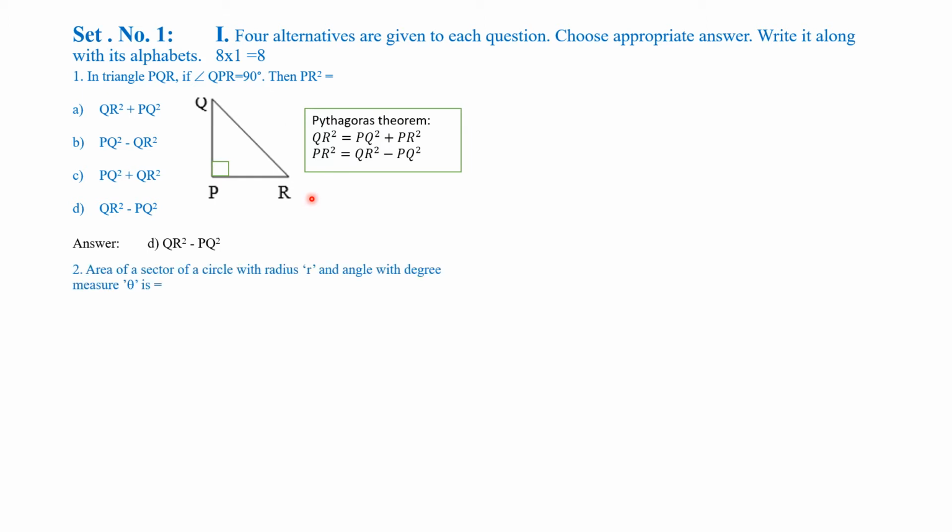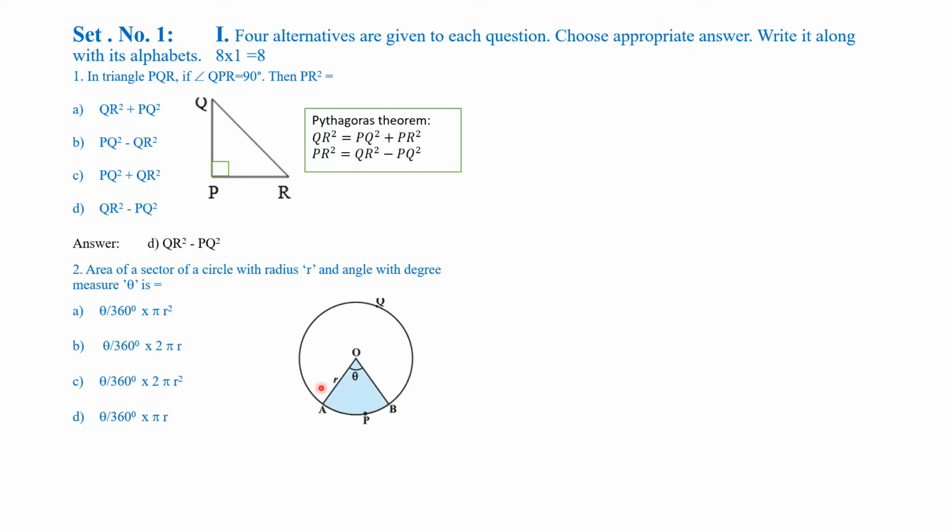Second question. Area of the sector of a circle with radius r and angle with degree measure theta is equal to, there are 4 options. Here the diagram is not given. Let us examine the question.